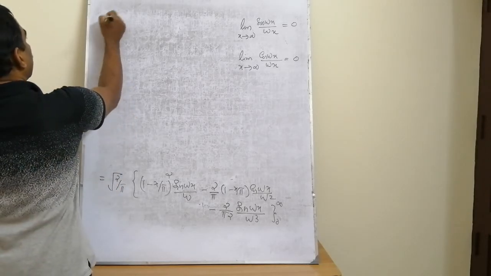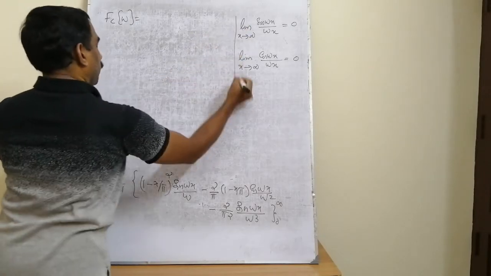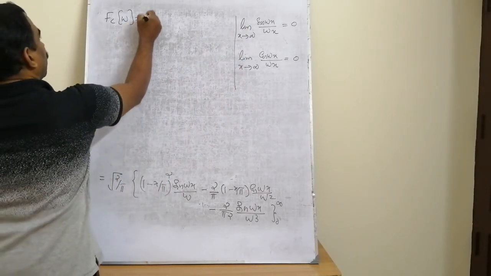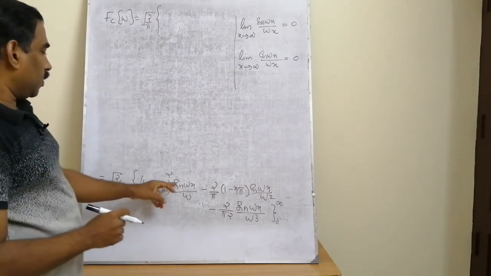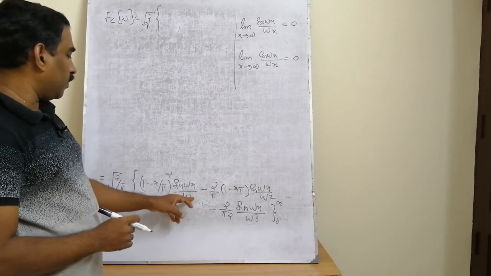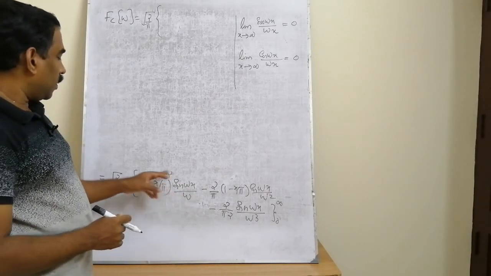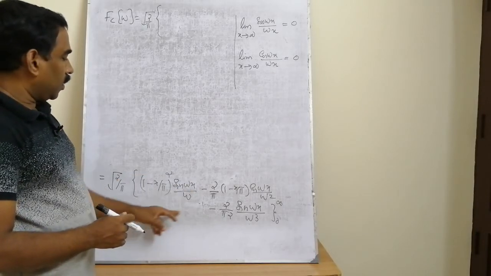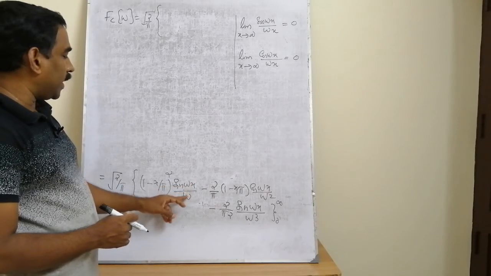So the required cosine transform Fc(omega) is equal to square root of 2 by pi into, in the upper limit, limit as x tends to infinity of sin omega x by omega. We multiply with x in the denominator and x in the numerator, so the entire expression becomes limit as x tends to infinity of sin omega x by omega x.